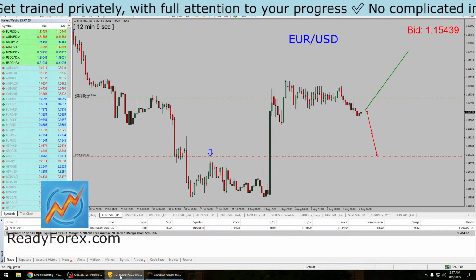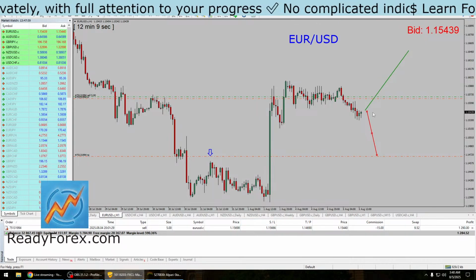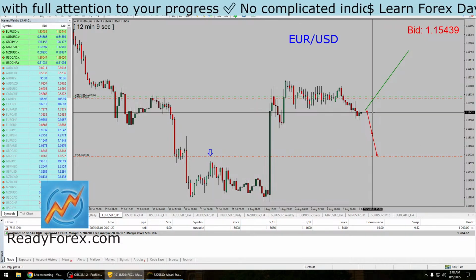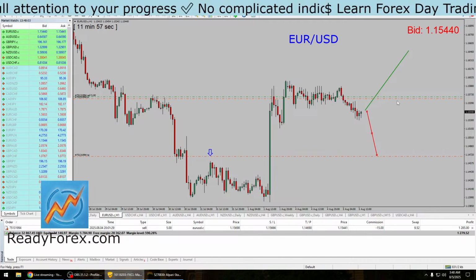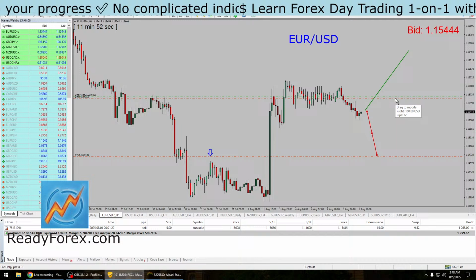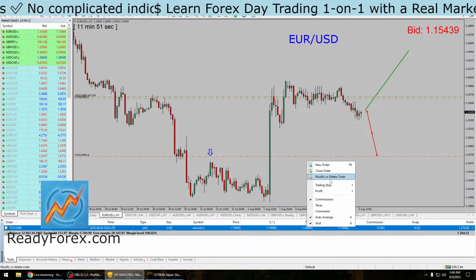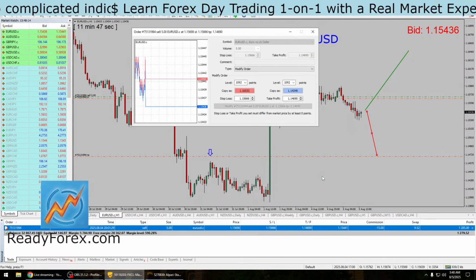Let's see what's going on with my euro position. So euro is trying to rise up over here. I'm going to lower my stop a little bit more. Let's go to modify.